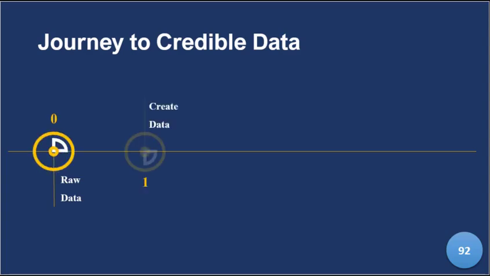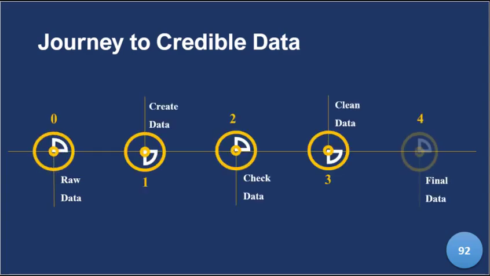We have also talked about the journey to credible data. We have mentioned all the steps that are necessary. We've also mentioned that it can be altered. So you must always keep this at the back of your mind. Of course, this is not a tip, but just a final thought.